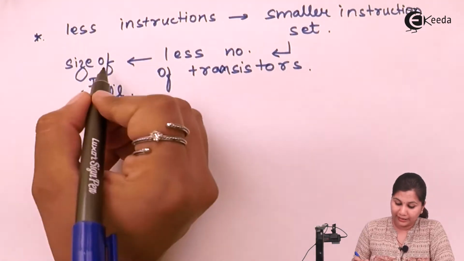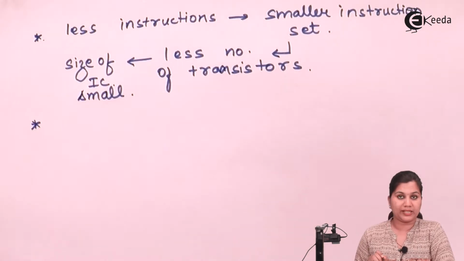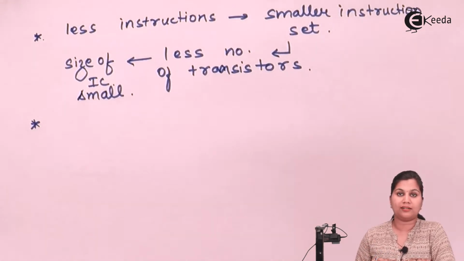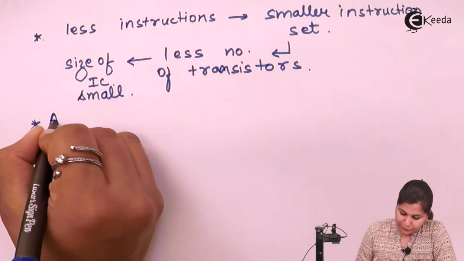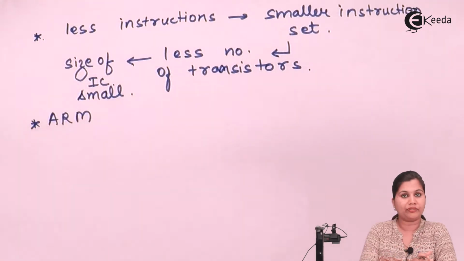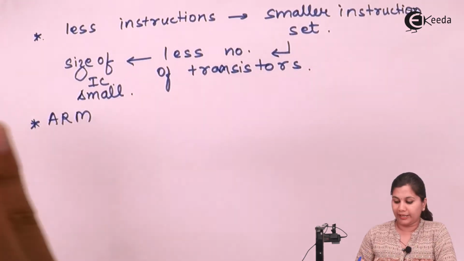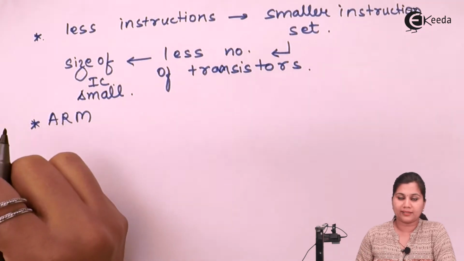So that gives the ARM processor another feature, which is reduced size. These ARM processors not only have high speed, but they are also very small in size.